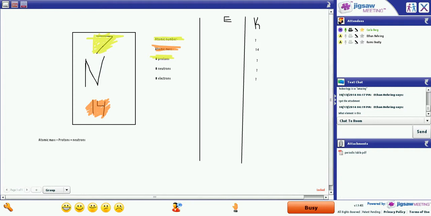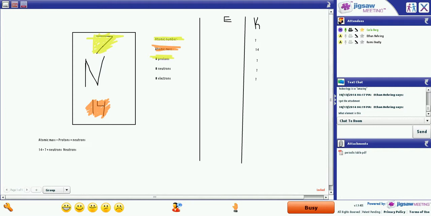So in this case, 14 is equal to protons, which is 7, plus our neutrons. We would solve this just like we were solving a simple algebraic equation.